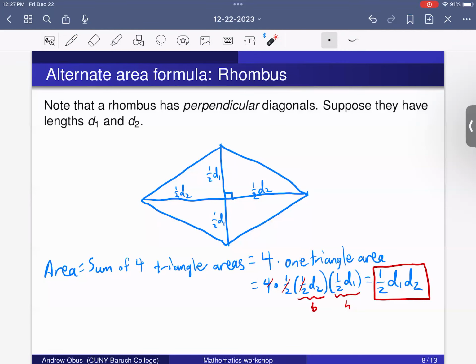So it's 1/2 times the base, which is 1/2 d2, times the height, which is 1/2 d1. So that's why we have all these 1/2s. And then the 4 cancels out with 2 of the 1/2s, so they disappear, and we're left with the remaining 1/2 times d1 d2.